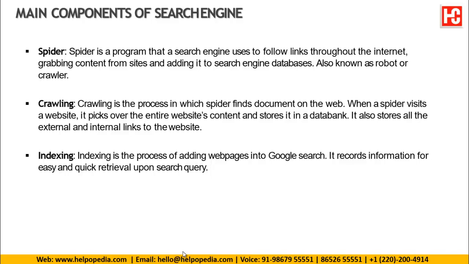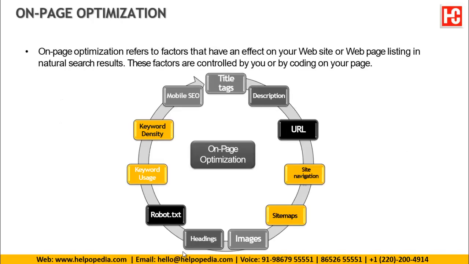Now the next thing is how do we do search engine optimization? There are two methods of optimization: on-page optimization and off-page optimization. What is the difference between the two? On-page optimization refers to the factors that affect your website or web page listing in the natural search results.